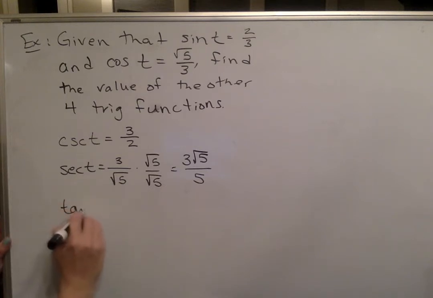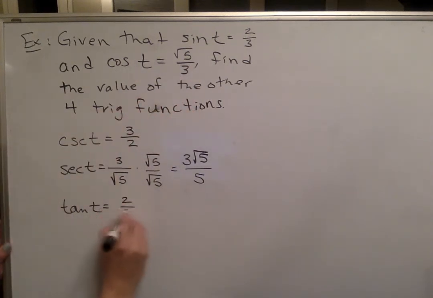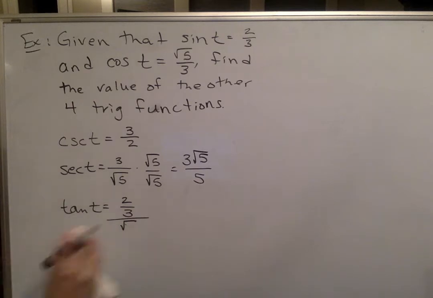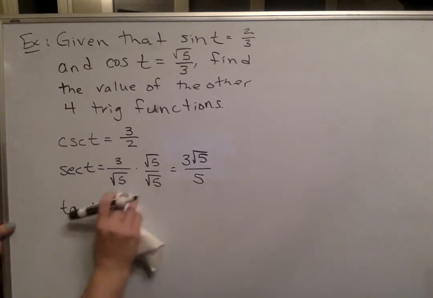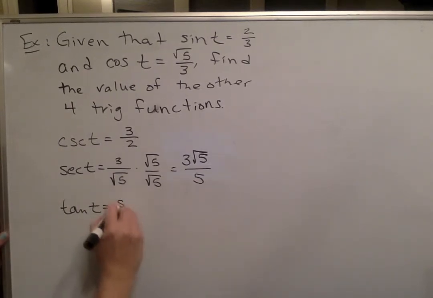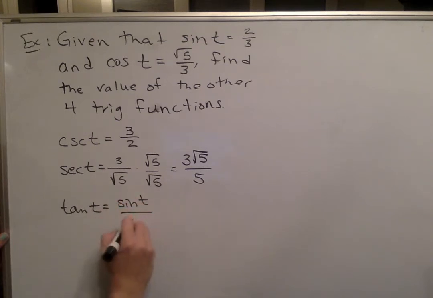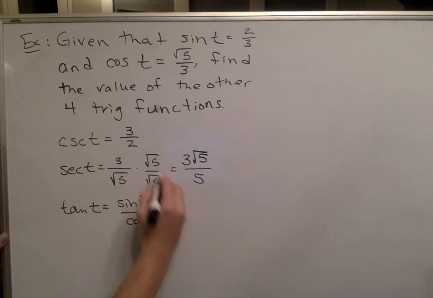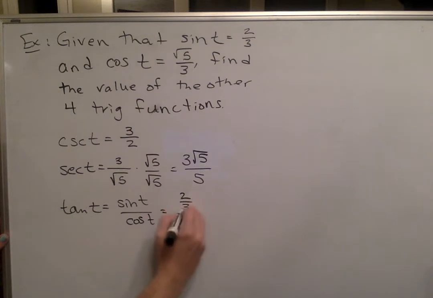We also know that the tangent is sine divided by cosine. Well, we know sine and cosine. Let's write it this way: sine t over cosine t. Well, the sine is 2/3. The cosine is the square root of 5 over 3.